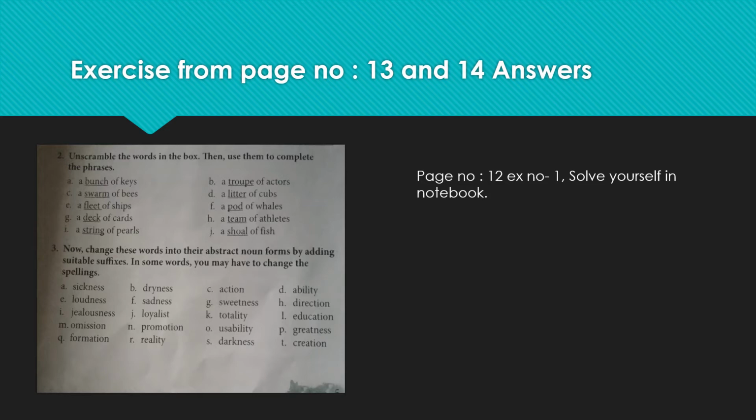Then page number 14. Change these words into abstract nouns by adding a suffix. In some cases, you may have to change the spelling of the words.